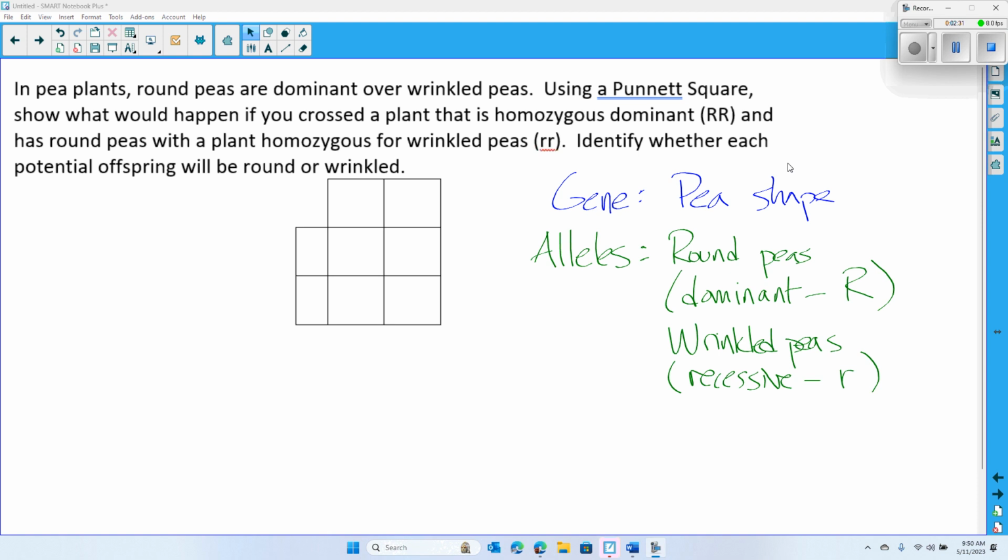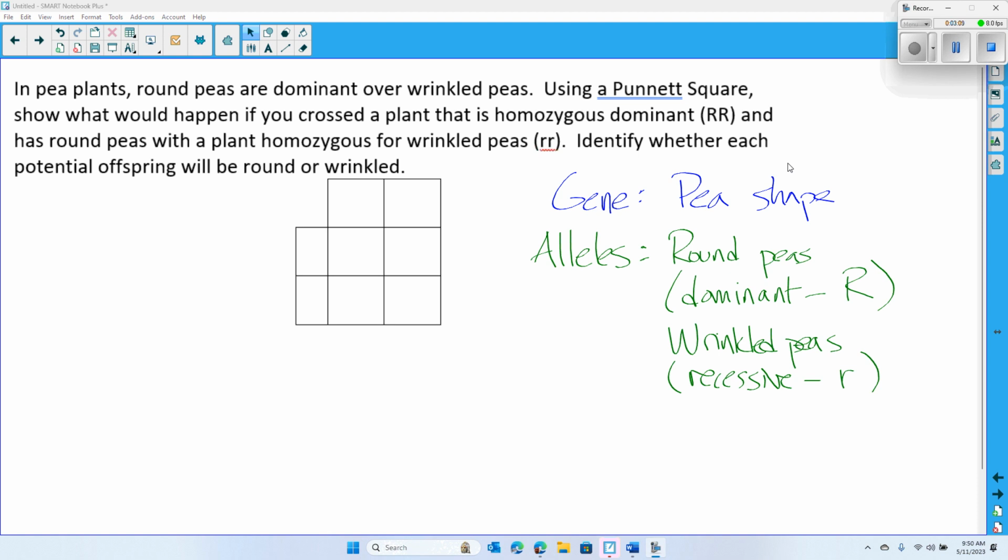And that, at first glance, seems weird, because it seems like, well, wait a second. Doesn't the round pea allele make the pea round and the wrinkled pea allele make the pea wrinkled? That's not actually what's happening. What's actually happening is the peas are wrinkled to start with. Okay, peas have the tendency to be wrinkled. If the round pea allele is there, then the cells in that pea will produce all sorts of proteins and all sorts of other things that will both give the pea structure and cause the pea to retain water.